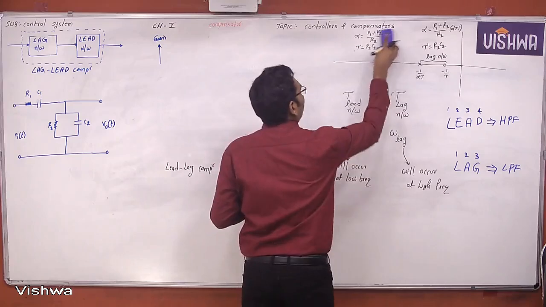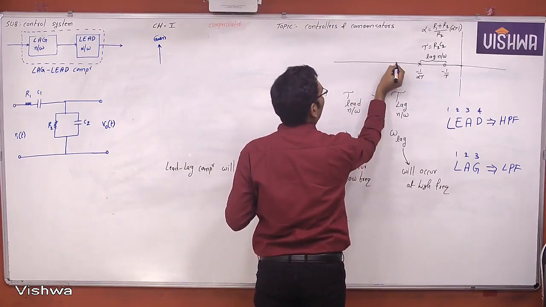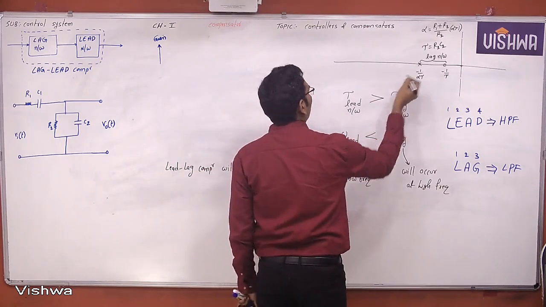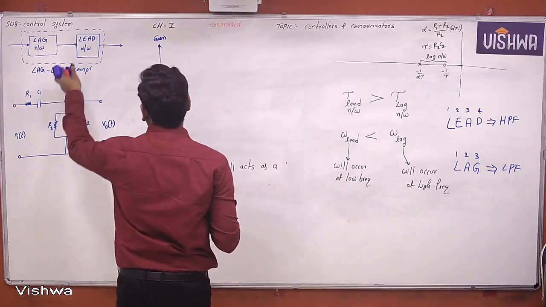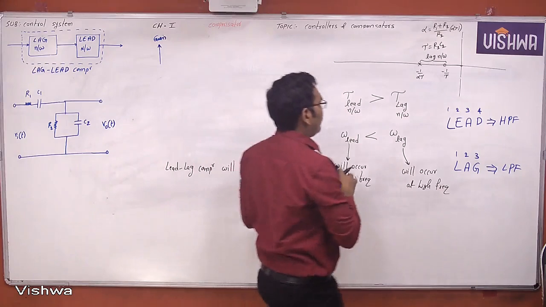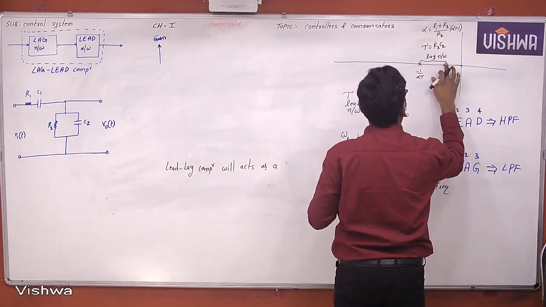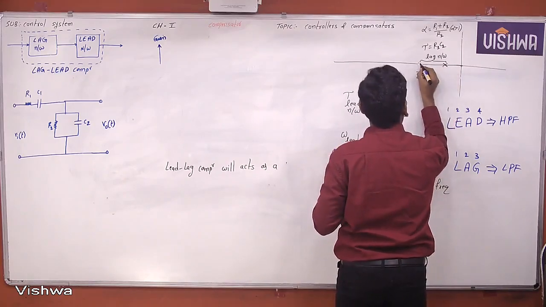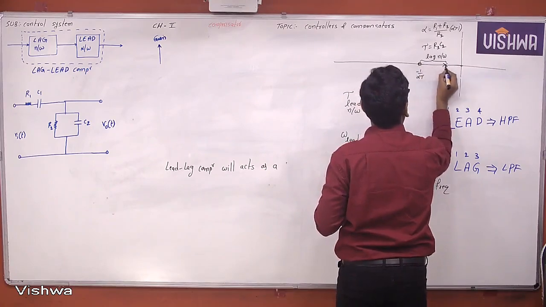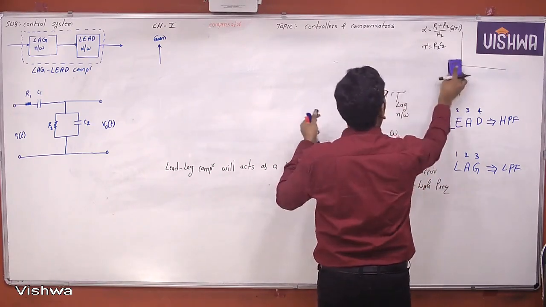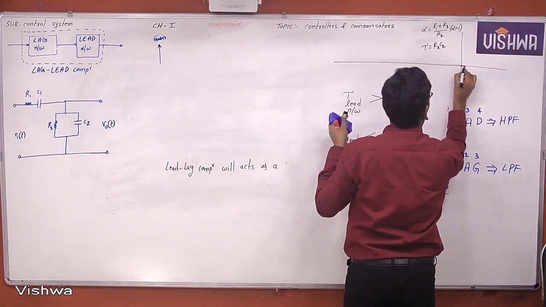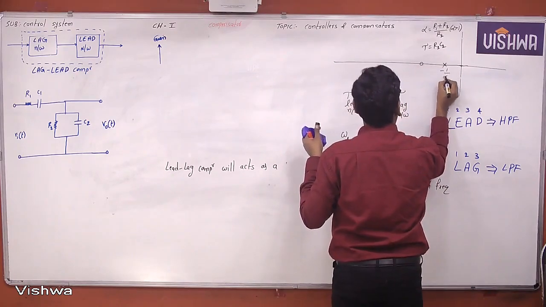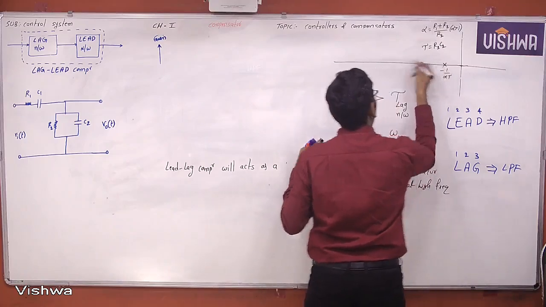Now what is the next network? The next network is the lead network. Now see here, this is the lag network. The lag network will first produce a finite pole and next a finite zero. The next network is the lead network.